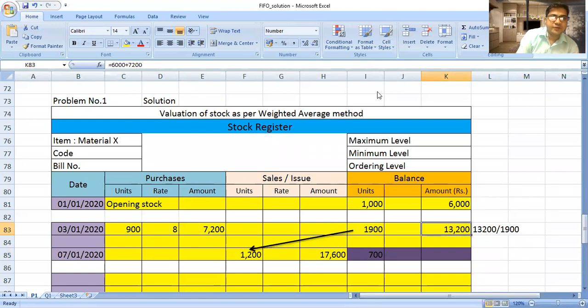Yes, 6.95. Now you have to multiply this 1200 into 6.95. You will get the value 8,340. Clear?